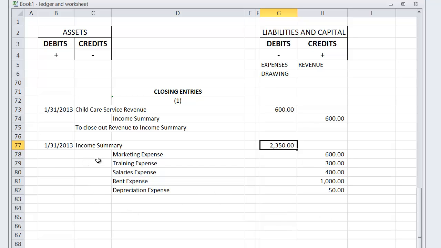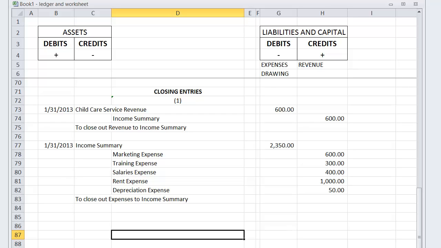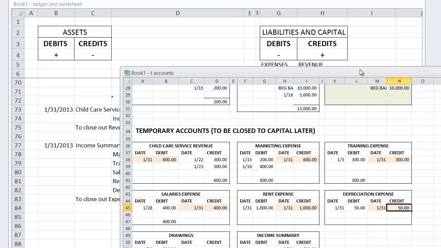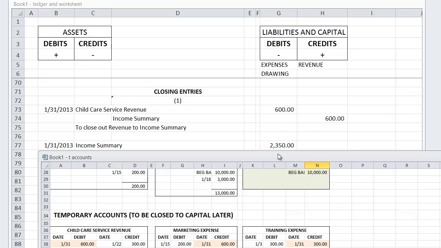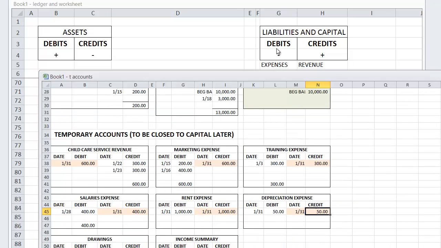And remember, this income summary is a special account only to close accounts, and this is to close out expenses to income summary. This is exactly what we just did here. So in here we have to just post a debit of $2,350.